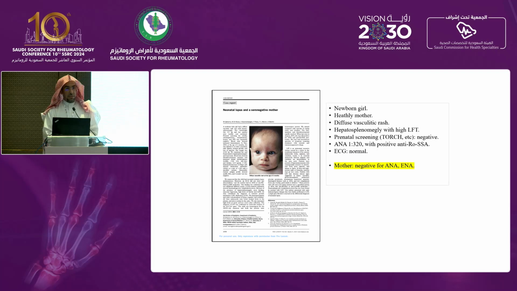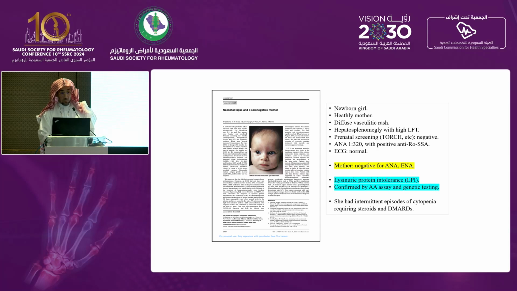So maybe this is a case similar to that patient. Interestingly, they did more workup, and that child has lysinuric protein intolerance confirmed by immunoassay and genetic testing. So that child is different from our child.